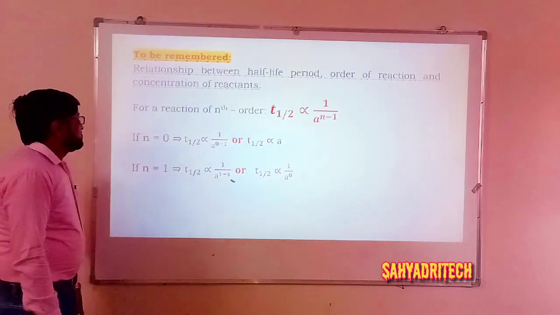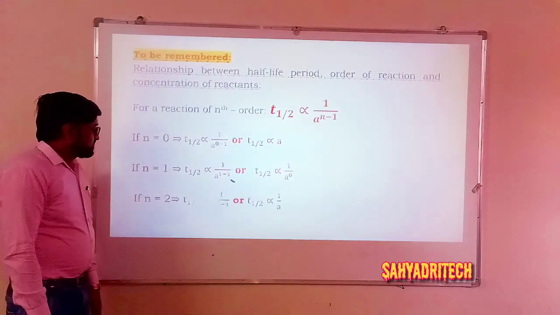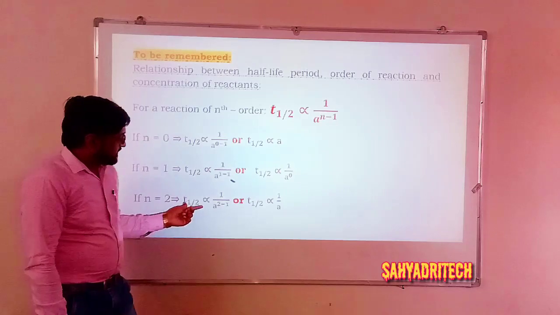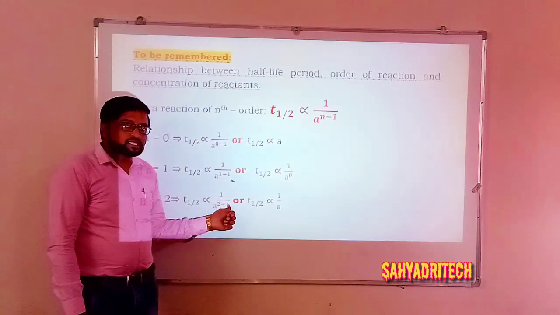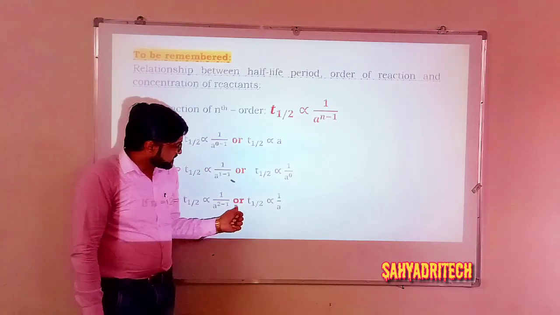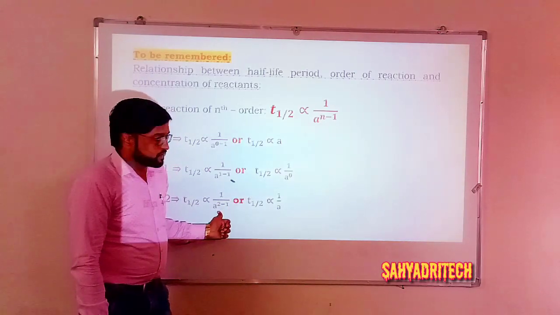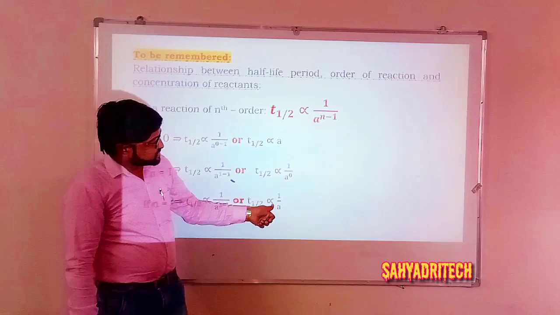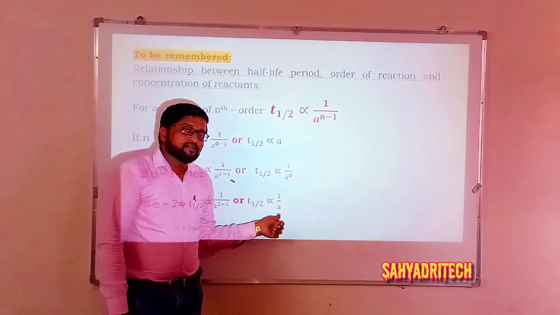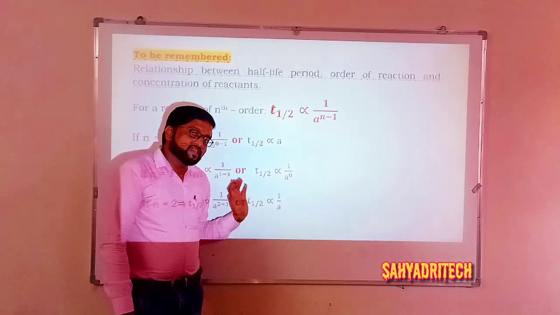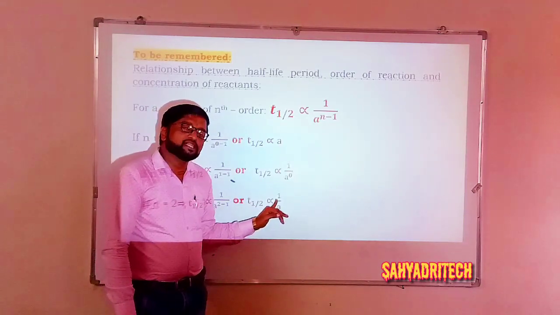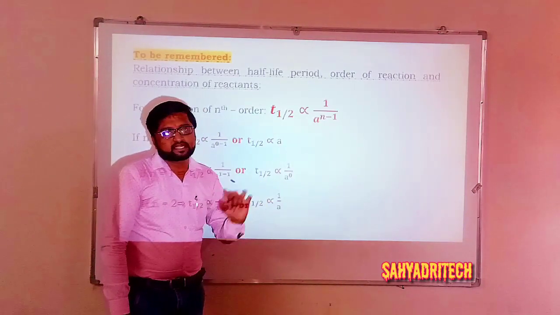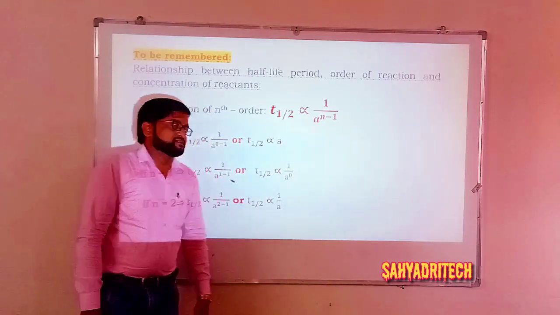Similarly, if you go for second order, n is equal to 2, then T half is proportional to 1 divided by A raised to 2 minus 1, which means A raised to 1. So T half is proportional to 1 by A. Here for second order, the half-life period of a second order reaction is inversely proportional to the concentration of reactant species.